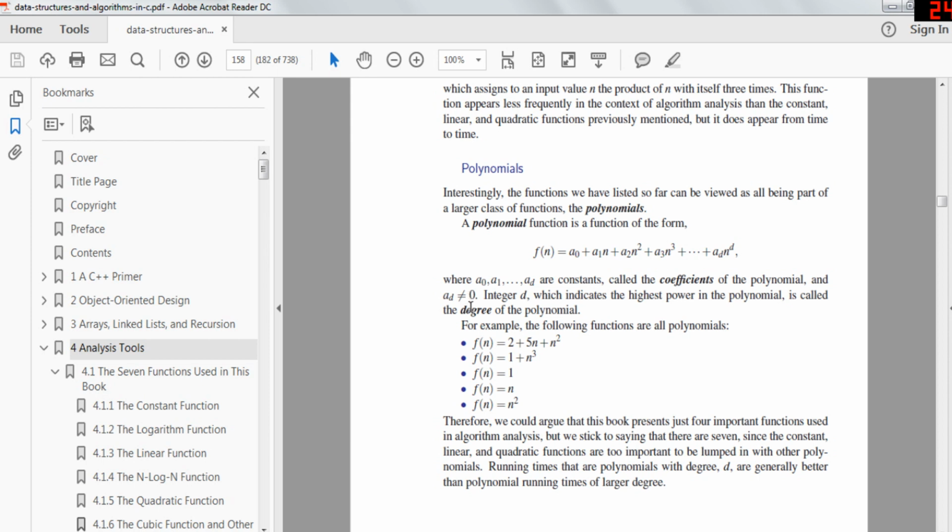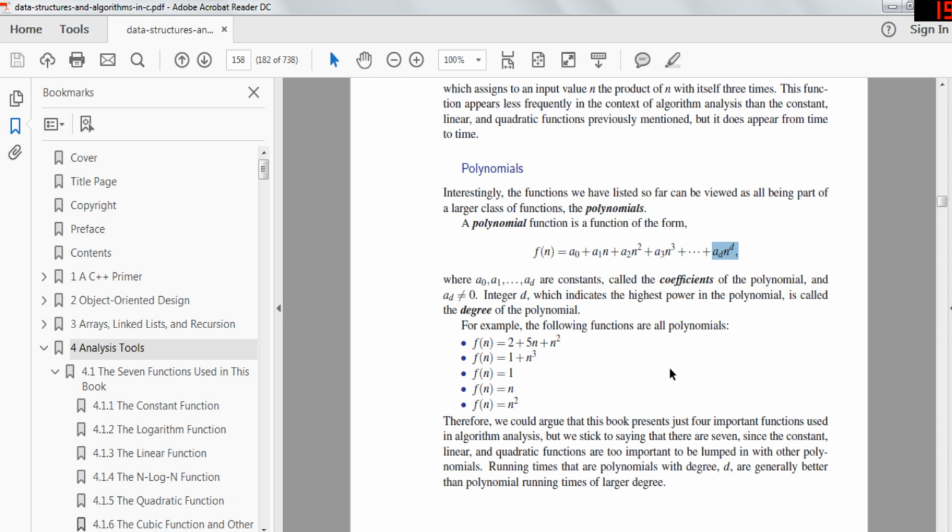But ad can't equal 0, because it indicates the highest power of the polynomial. If ad did equal 0, then that wouldn't be the highest power. They define it so that the leading coefficient cannot be 0, right?